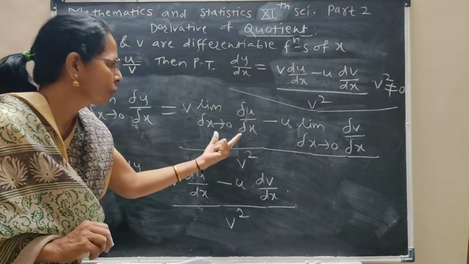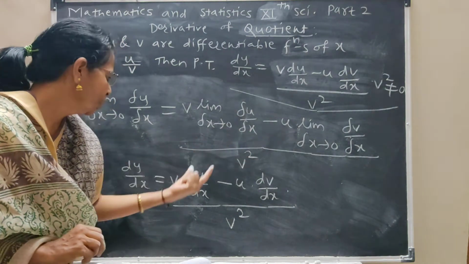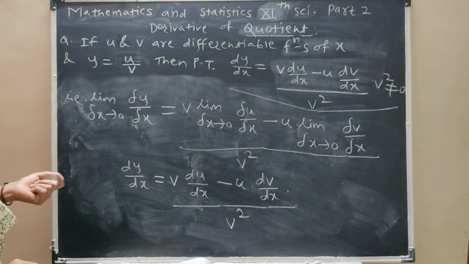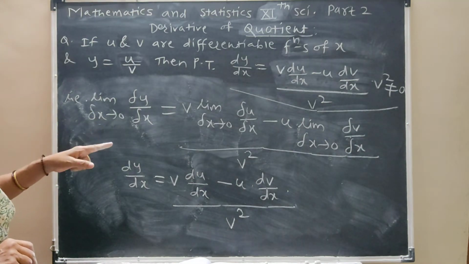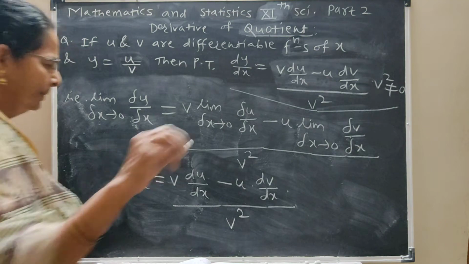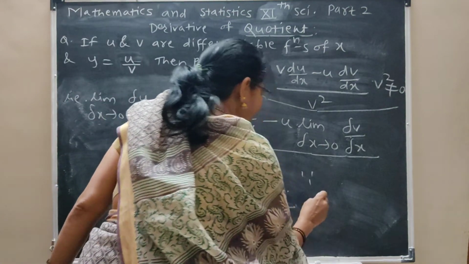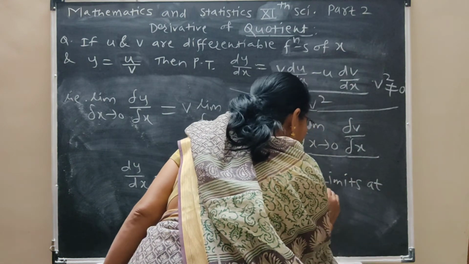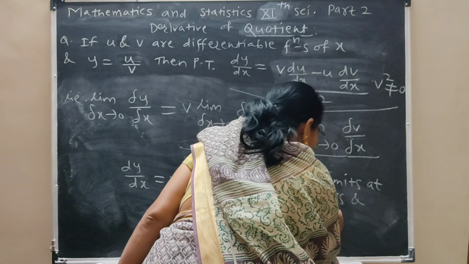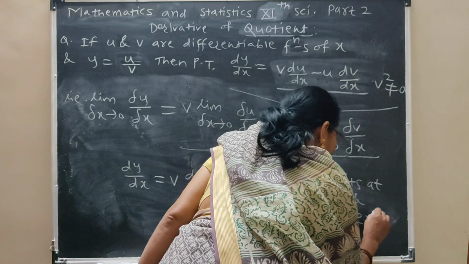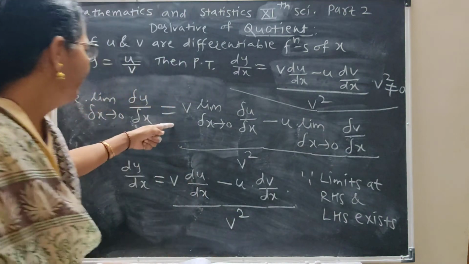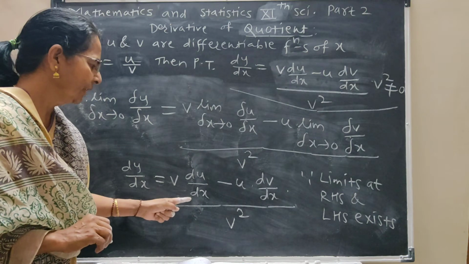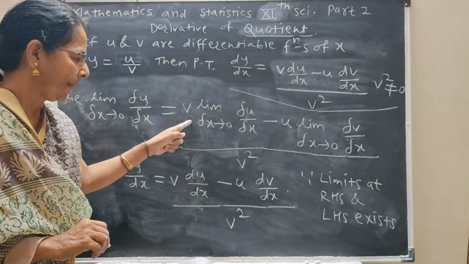Since limits at RHS and LHS exist, we write this step from this step.